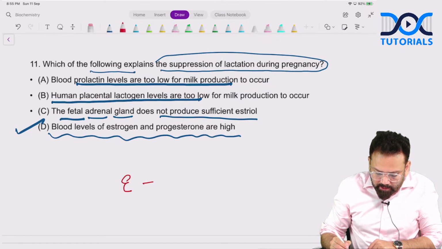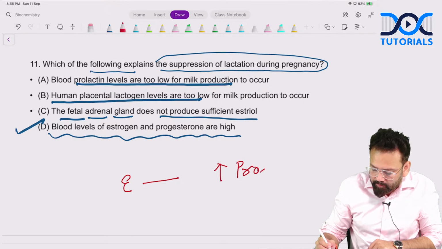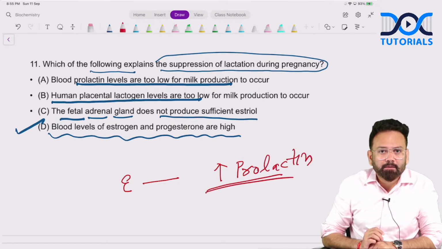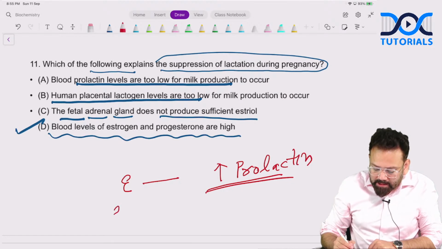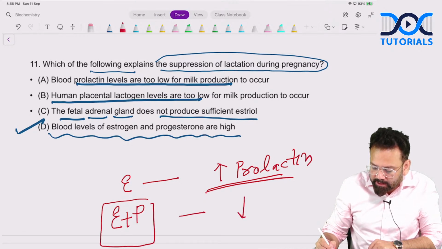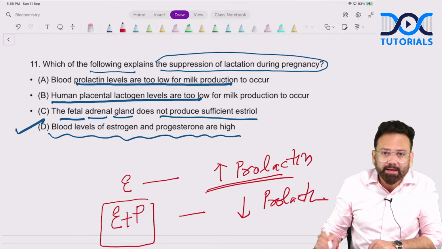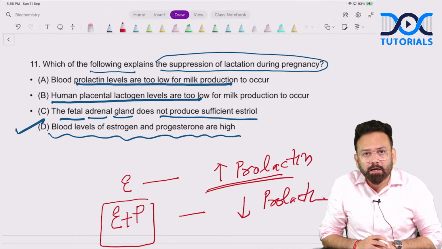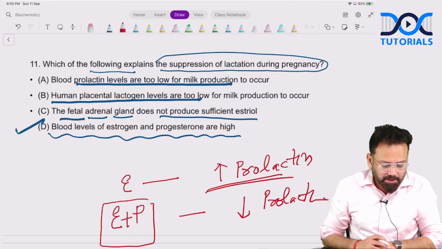Estrogen increases prolactin, but in pregnancy you have estrogen and progesterone both. When they are present in combination, they decrease prolactin. That is why, when someone becomes pregnant, prolactin is suppressed.